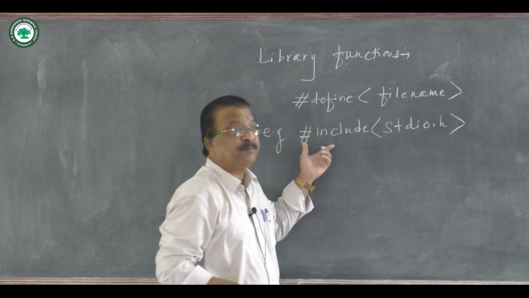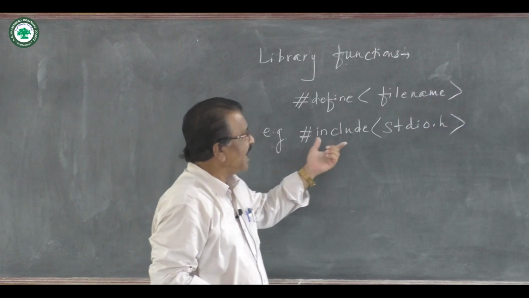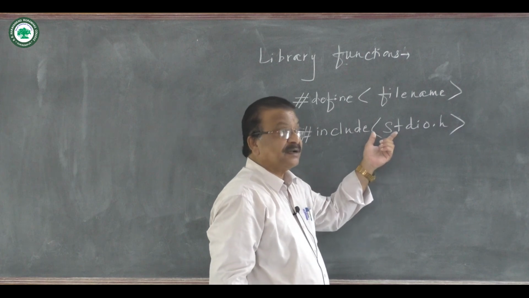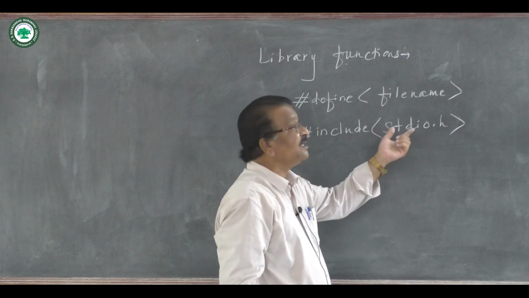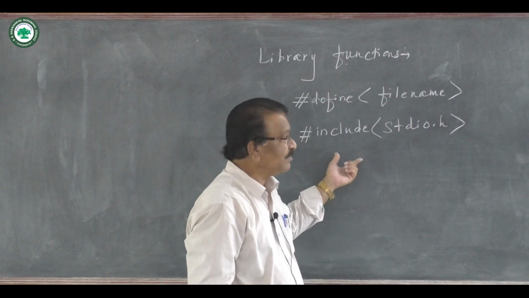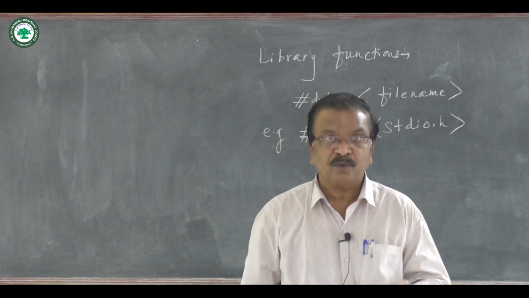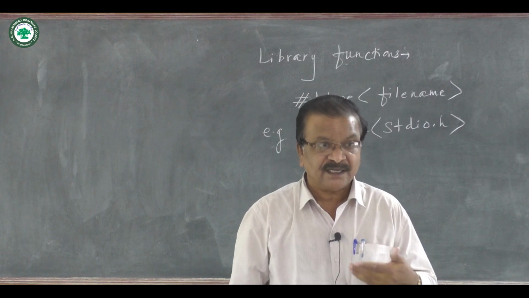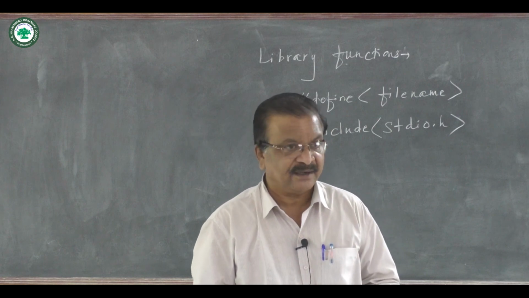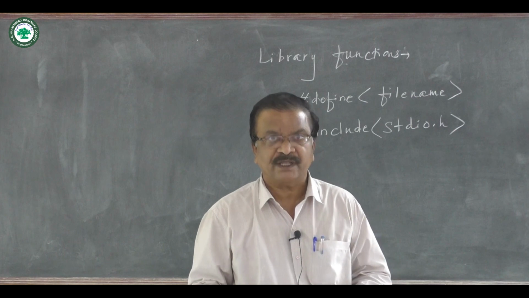This is called a preprocessor directive or preprocessor statement. Here what I am doing is I am including a header file which contains the information about standard input output functions. So if I include it in my main program, then I can invoke or access standard input output devices, standard input device like keyboard and standard output device like screen, and the program will get executed smoothly.